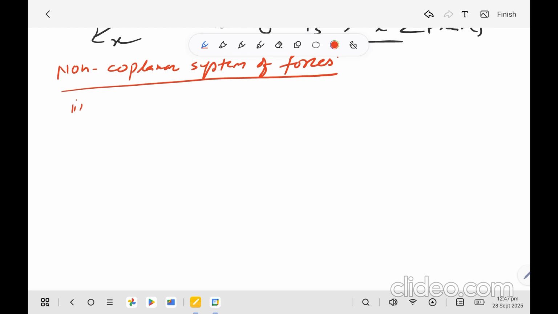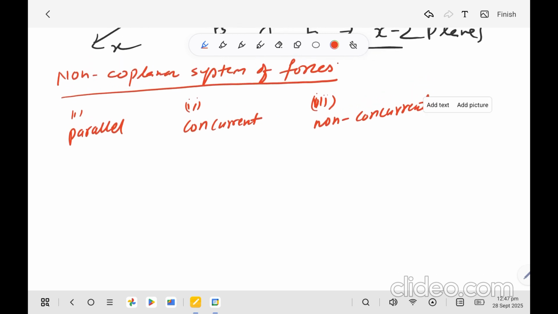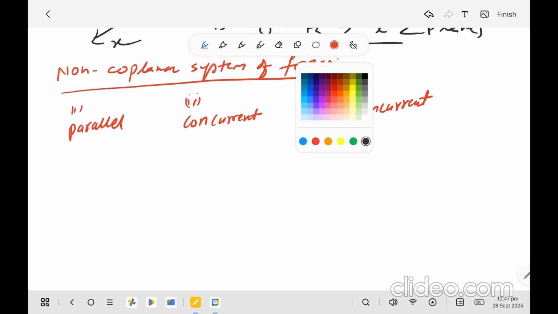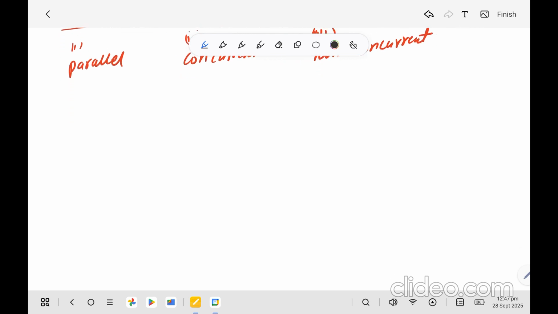We can define the system of forces as parallel, concurrent, and so on. Now I will discuss each of these forces in detail with suitable examples. Okay, so let's discuss one by one.